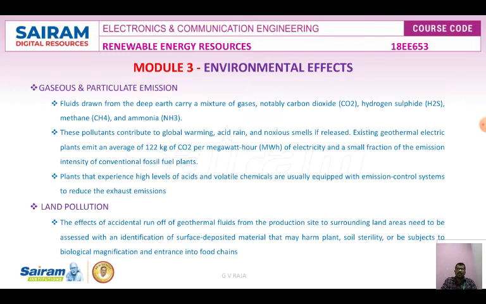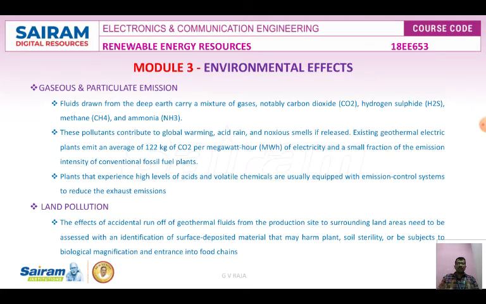The first one is the gaseous and particulate emissions. Fluids drawn from the earth carry a mixture of gases, for example carbon dioxide, hydrogen sulfide, methane, and ammonia. These pollutants contribute to global warming, acid rain, and noxious smell if released.